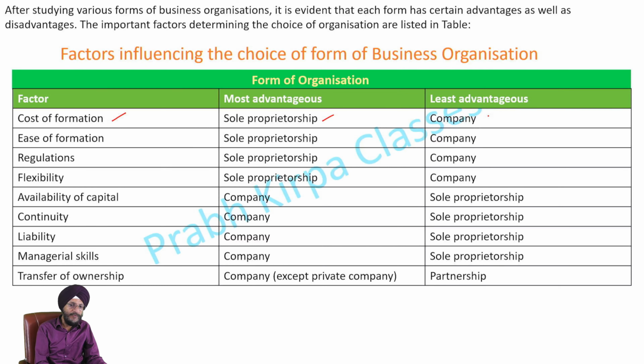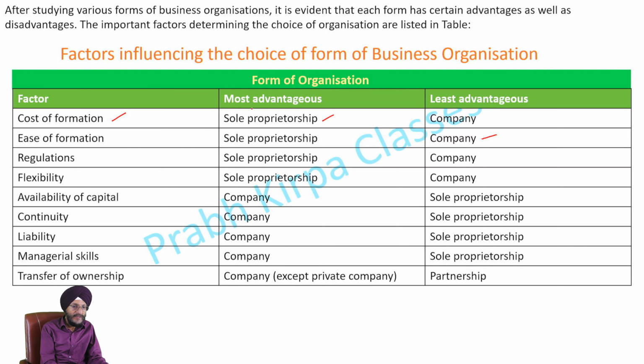Whereas if we want to start a company, it is very much expensive. It requires a lot of capital. If we want to set up a sole proprietorship, it is very easy, but it is a very complicated or time consuming process if we want to set up a company.